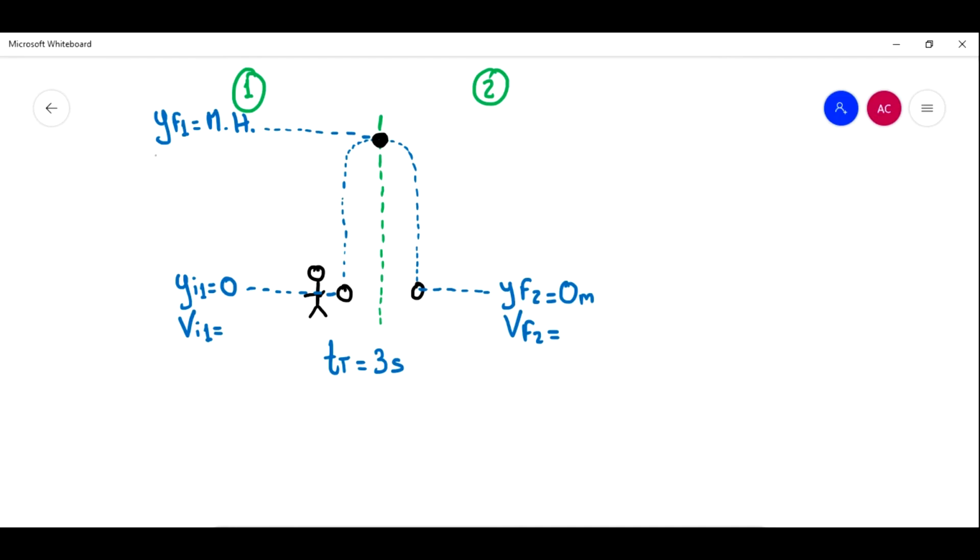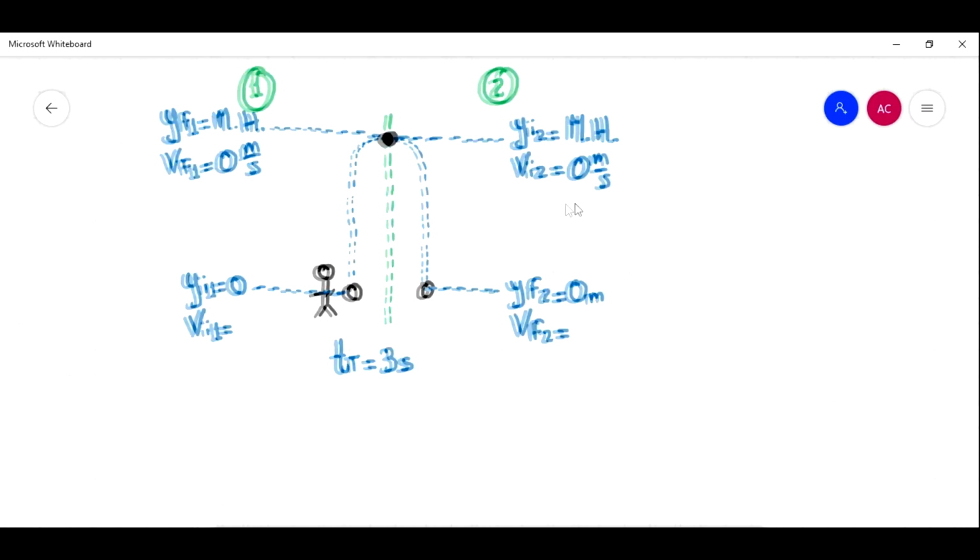And also this is the final velocity of segment 1, that in this case will be 0 meters per second, because remember that the velocity at the highest point is always 0 meters per second. And then, this is the initial position of segment number 2, that is the maximum height. And this is the initial velocity of segment number 2, that is 0 meters per second, because in segment number 2 we have free fall, and the initial velocity in free fall is always 0 meters per second.